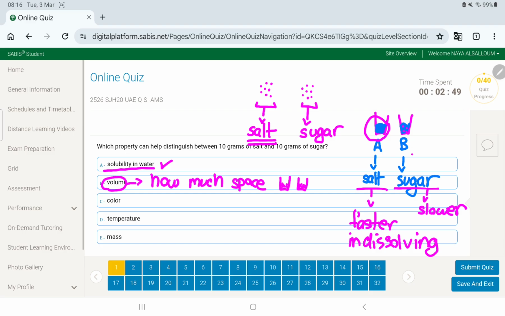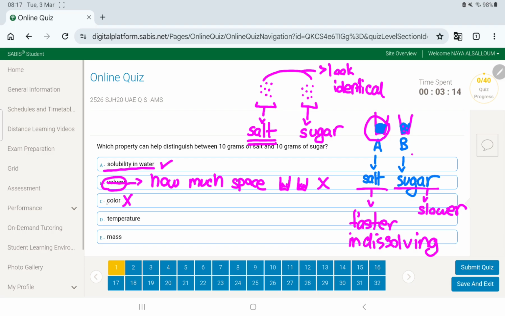Can you tell? No, you can't tell. Color, what did we say here? They look identical. So obviously the color is also wrong. So remove volume and remove color.